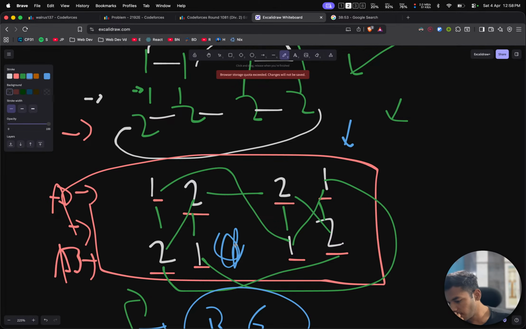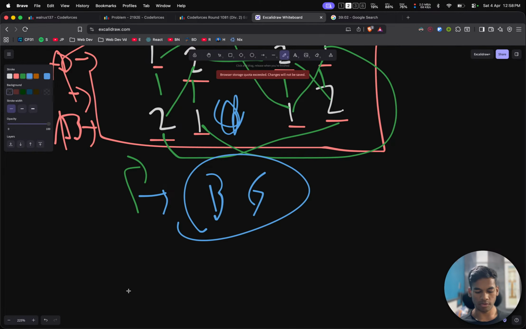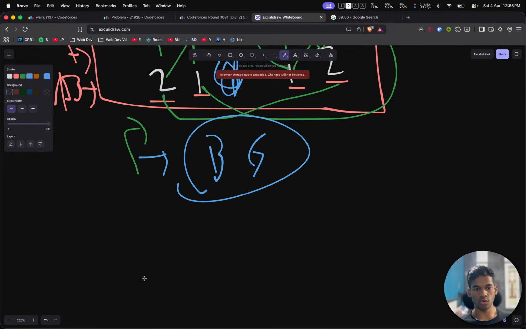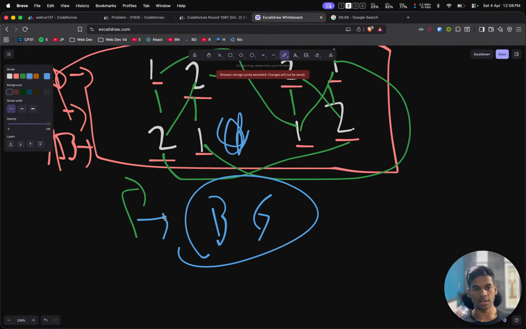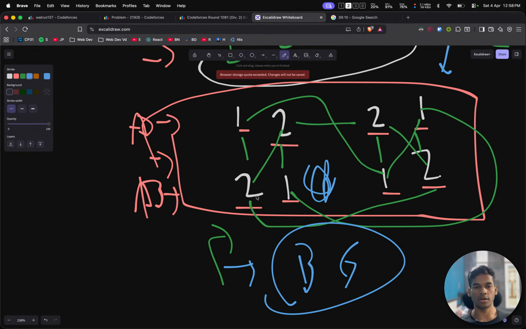A general graph problem, graph coloring problem. The essential problem is to divide things into two groups, but the division is not random.